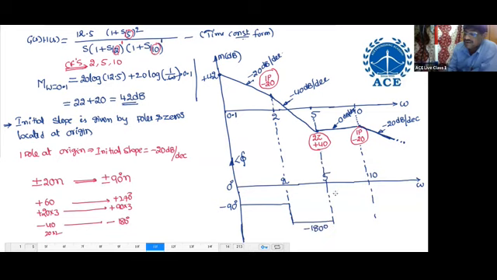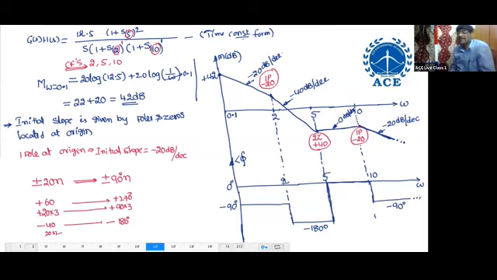Next, 0 means 0 only. Next, minus 20 means minus 90.